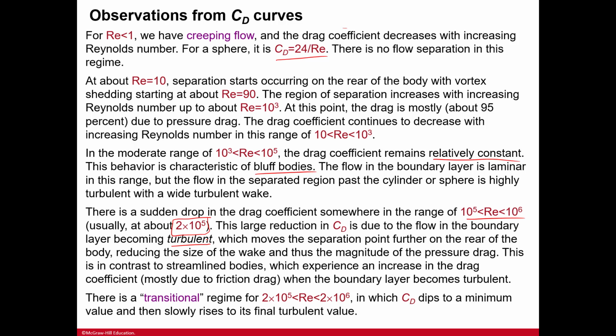This is in contrast to streamlined bodies, which experience an increase in drag coefficient, mostly due to friction, when the boundary layer becomes turbulent. And then, of course, we do have a transitional regime for this period right here, in which CD dips to a minimum value and then slowly rises to its final turbulent value here.